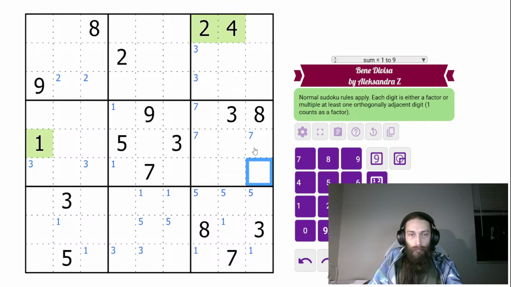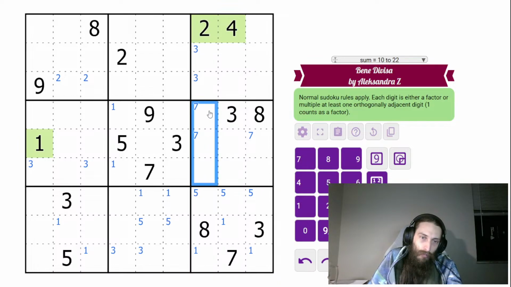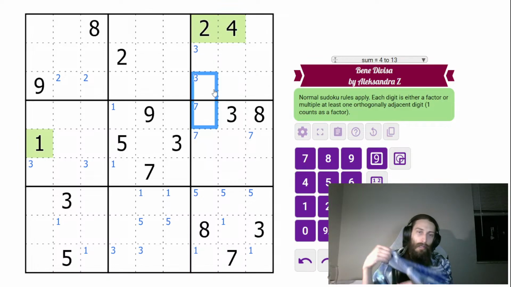Well, it couldn't be there. So that 7 would force that to be a 1. This 7 could have the 1 above it or below it, and this 7 could have it be in box 3.